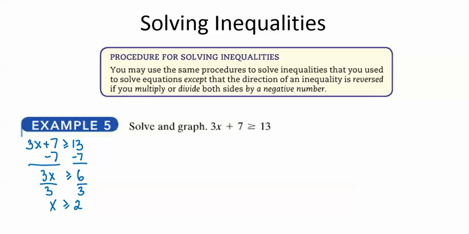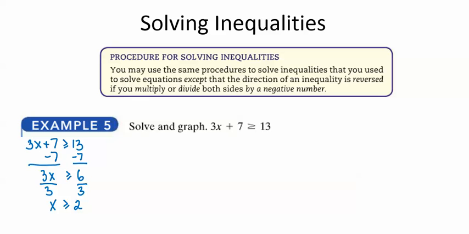Well, what does this mean? What that means is that I can substitute into the original inequality any value for x that is greater than or equal to 2, and I will end up with a true statement. If I substituted any value that was not greater than or equal to, in other words, was less than 2, I would end up with a statement that is false.